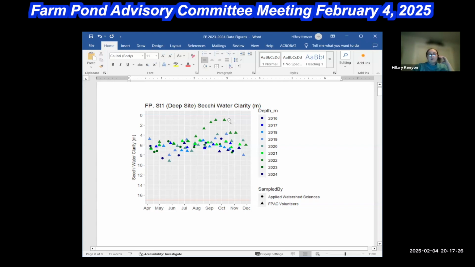You can also see this is all the 2016 to 2024 clarity depth. We will never forget that year. Yeah. So in terms of your likelihood to have another bloom like that, I would say it's pretty likely, given the right environmental conditions. It's definitely possible for you to have another bloom.